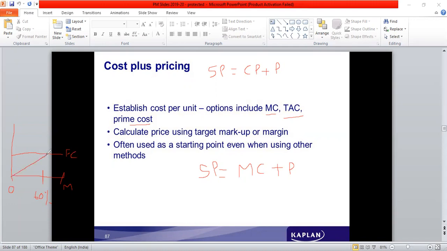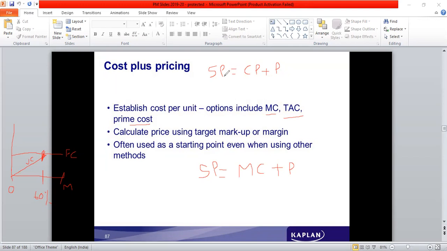So at this point of 60%, we see that both the variable and fixed costs are already incurred. So add them up, fixed cost plus variable cost together, that would be the total cost.